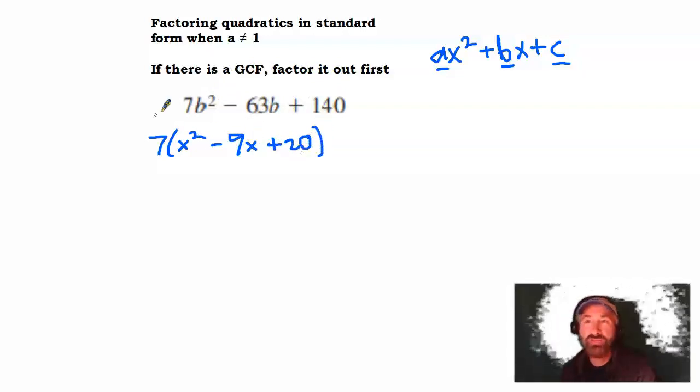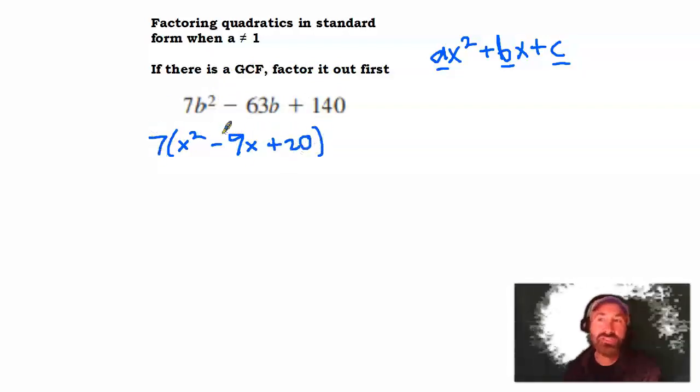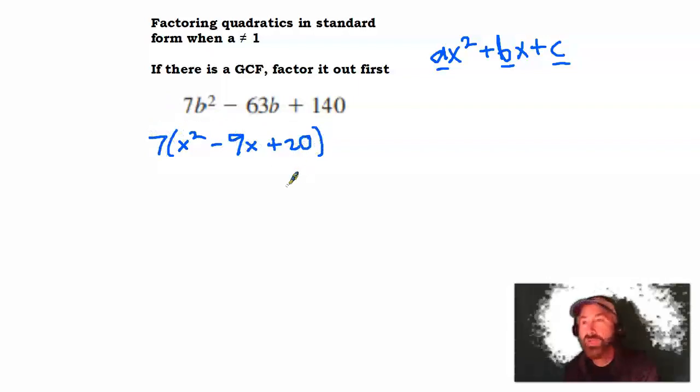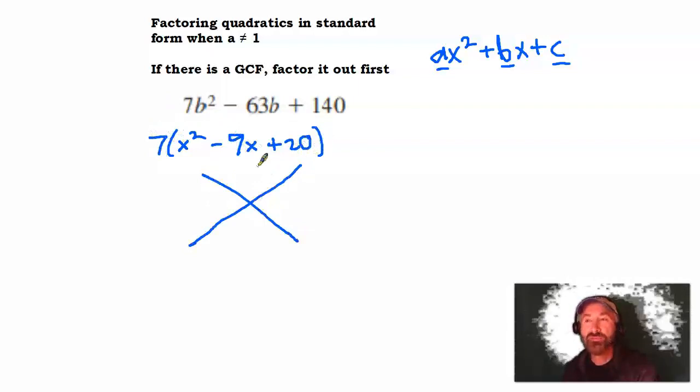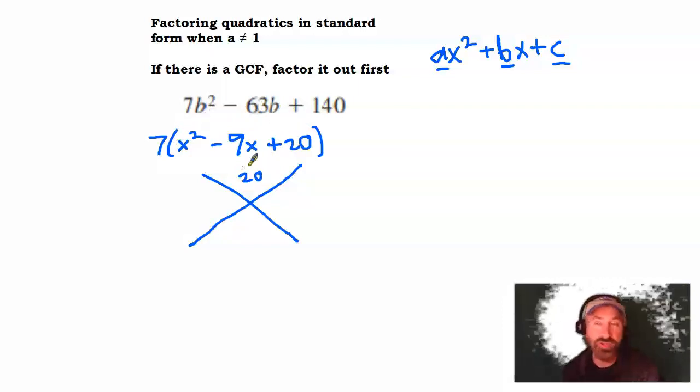And now, by factoring out the GCF, I made it much simpler to factor this other part. We're going to go ahead and use this x method. What we do is we take the number in front of the x squared and this last number, the number all by itself, multiply them together, put them on top. In the case where the a is 1, it's just 1 times 20.